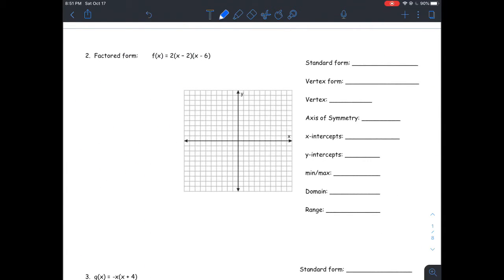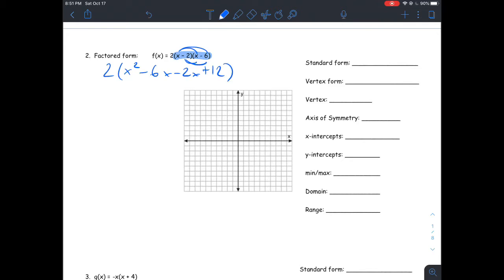So this time they gave us the parabola in factored form. Now they're asking for it in standard form. To go from factored to standard, you're just going to FOIL and distribute. So let's go ahead and FOIL this out. We're going to do 2 times, and then we get x squared minus 6x minus 2x plus 12.